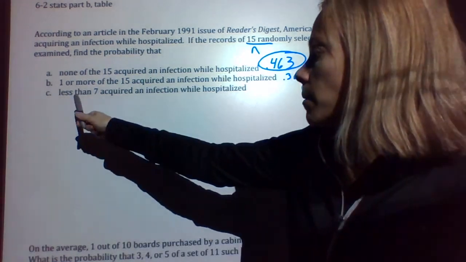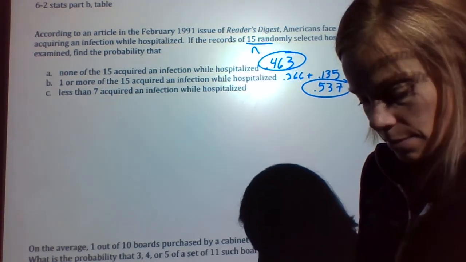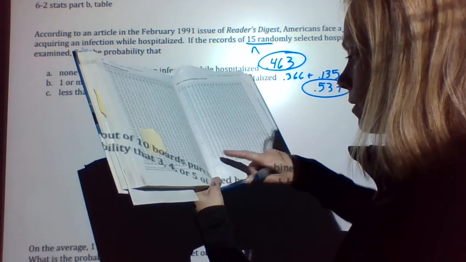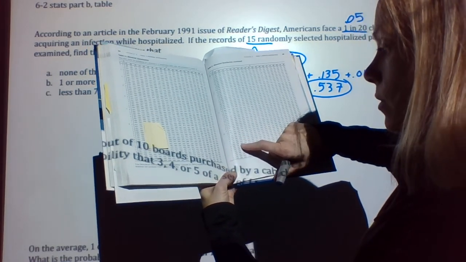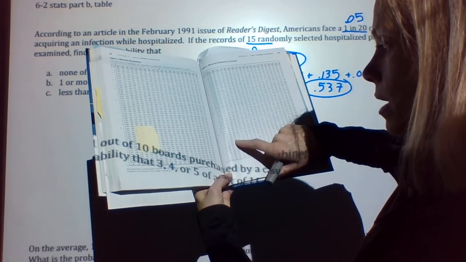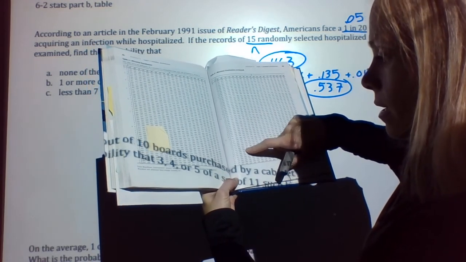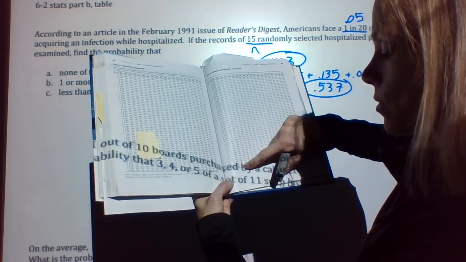Okay. How about this one? Less than 7 acquired an infection while hospitalized. So less than 7, if you look here, less than 7 would be 7, which is 0% or less, and I'm going to go up all the way back to 0. And if you notice, all of this, if I did complement 7 or more, those are all zeros.